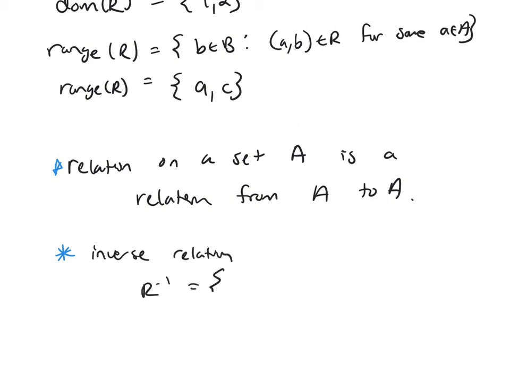R inverse is where you flip the entries in your ordered pair: (b,a) where (a,b) is in R.